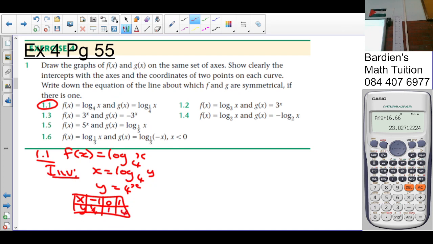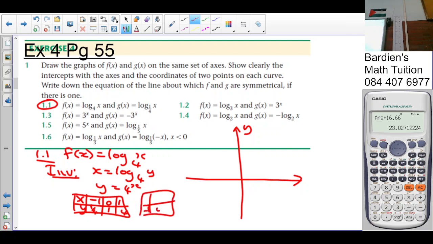However, the graph would be that is minus 1, 0 and 1. It will be a quarter, 1 and 4. So it's 1, 2, 3, 4.